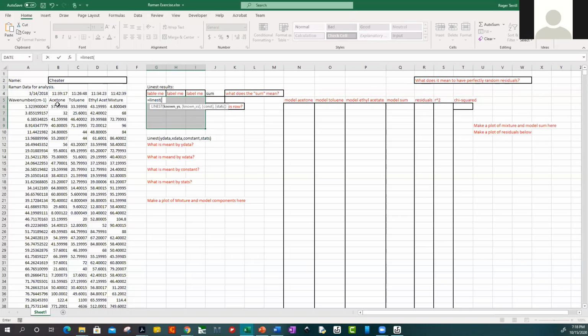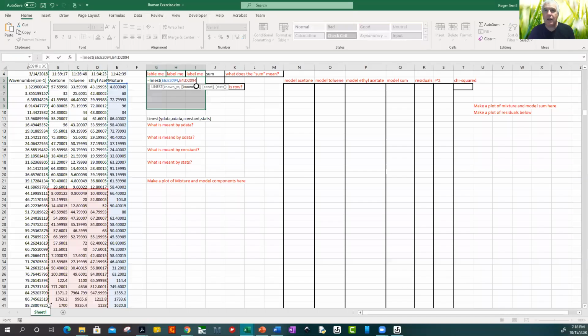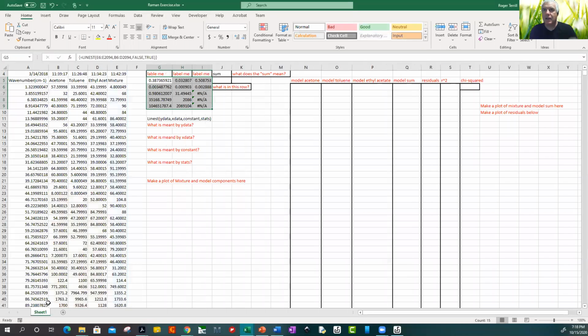We give it the Y data, which is the mixture. Then the X data, type a comma. Then we give it those data. And constant is false, and stats are true. And then we do Shift Control Enter, or Shift Apple Enter if you got a Mac. And then voila.